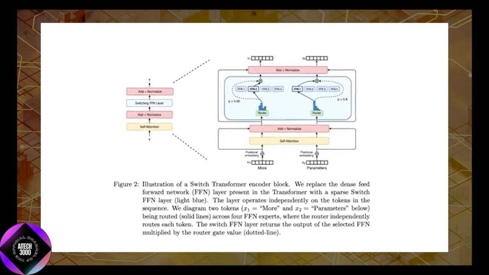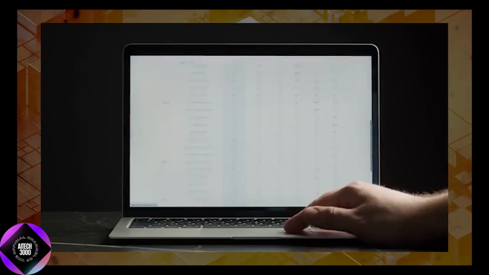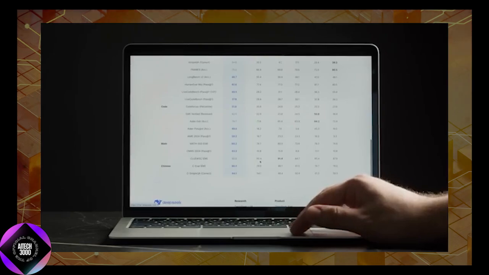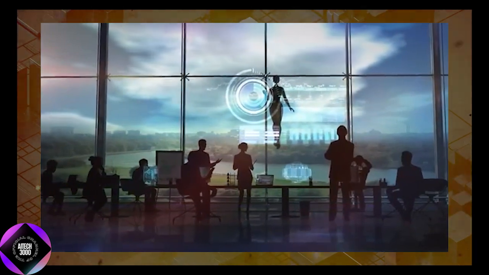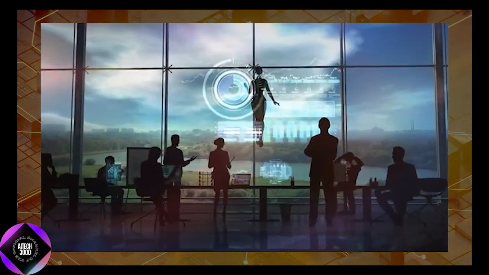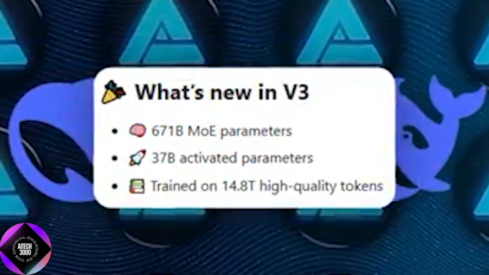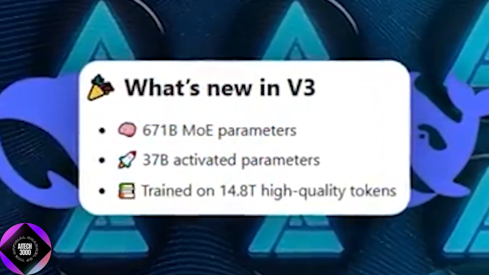Instead of treating every task the same way, the mixture of experts approach divides the model into specialized subnetworks, calling upon only the most relevant sections when needed. This selective activation significantly reduces computational costs compared to traditional dense AI models, which process all parameters at once. This efficiency allows DeepSeek V3 to maintain high performance while keeping inference cost manageable.